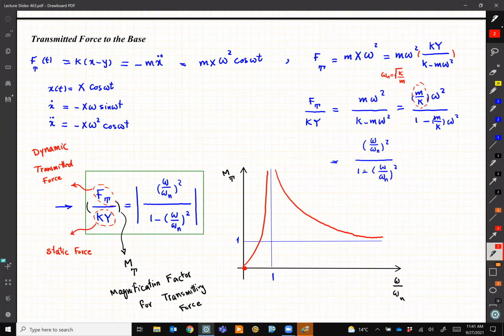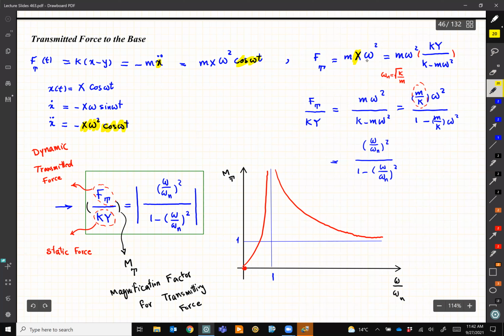Yes, please. How did you reduce from mx and mx squared to mx? Like here at the beginning? Okay, so this is m x omega squared, right? So this x, because we know that this x double dot is this guy, right?